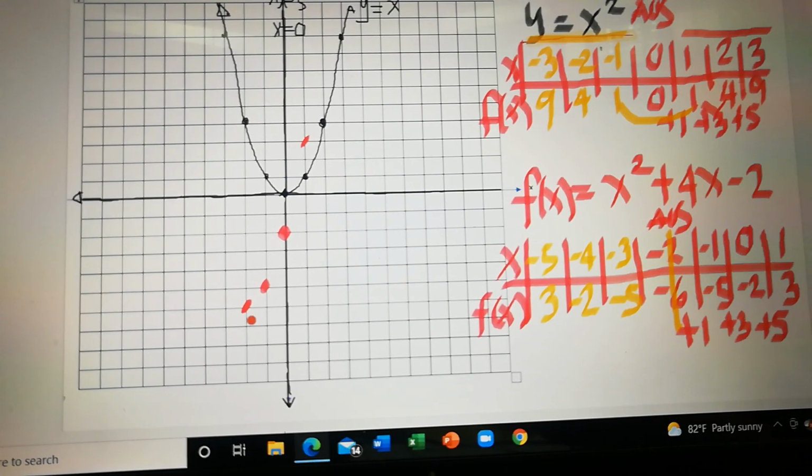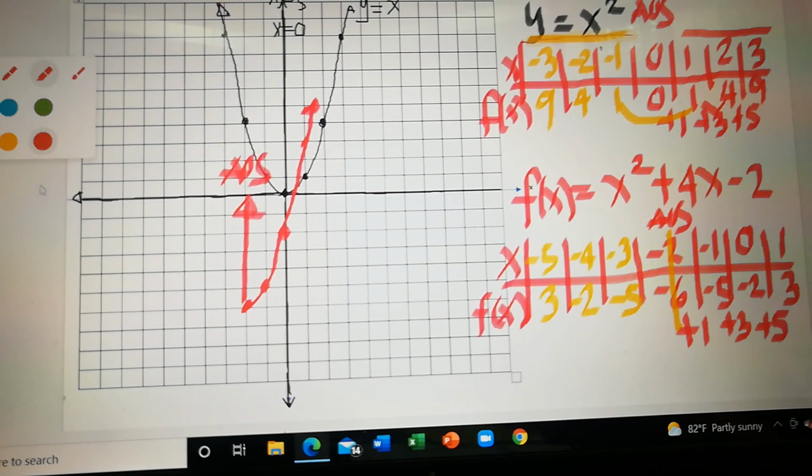Okay, so this is now half of the parabola. Next is just reflect along this axis of symmetry. So the reflection is 1 unit to the right, 1 unit to the left from the axis of symmetry. 2 units to the right, 2 units to the left from the axis of symmetry.